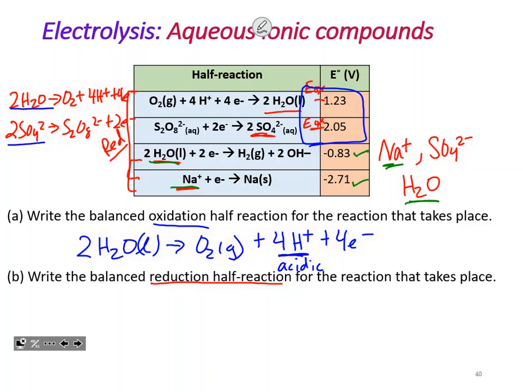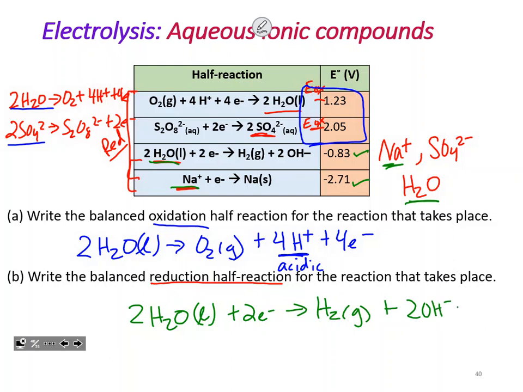Water again wins. So if you were trying to isolate sodium or sulfate here, this is not a very good reaction to do so. So the water being reduced, plus the 2 electrons, don't forget those, gives you hydrogen gas and some hydroxide. So this one would change indicator colors to basic or alkaline because you've got hydroxide being produced.